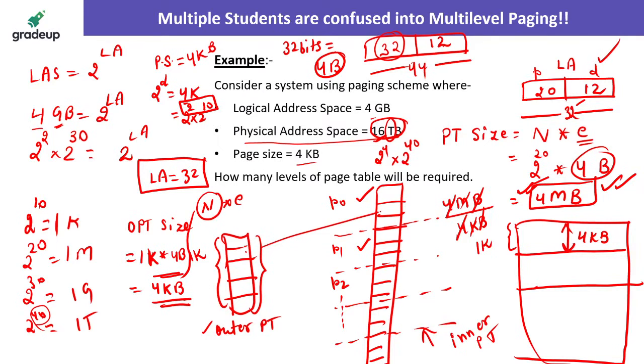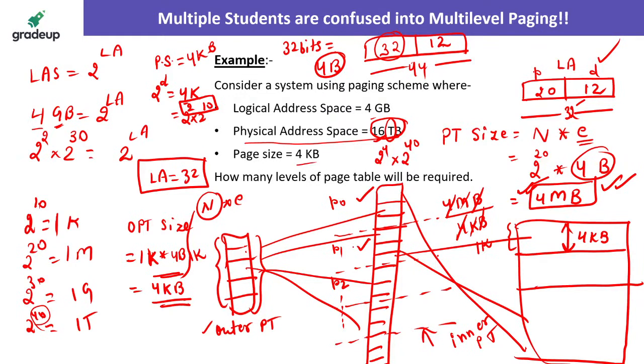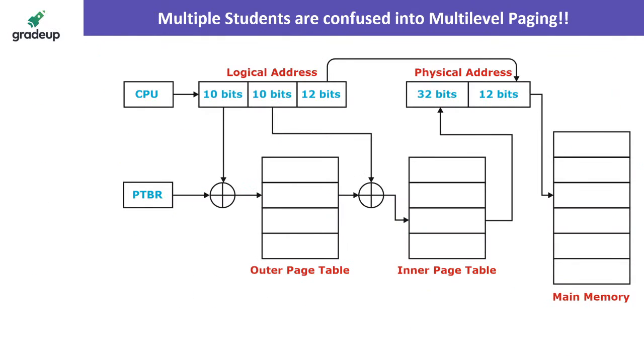So this is the concept of multi-level paging, right? So now you will not divide this outer page table because it will fit into one frame, correct? And here I have done this.